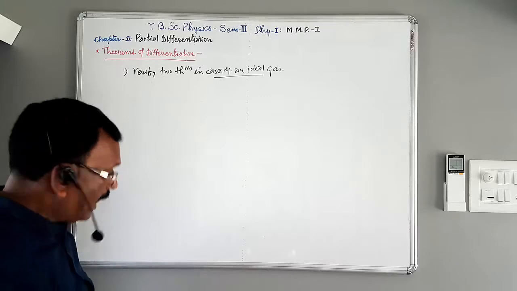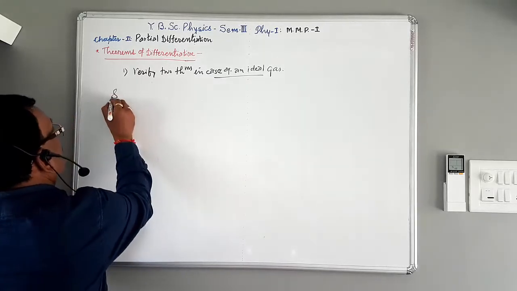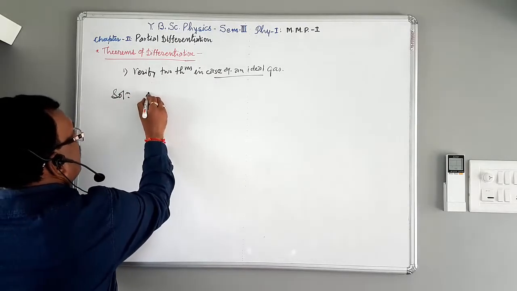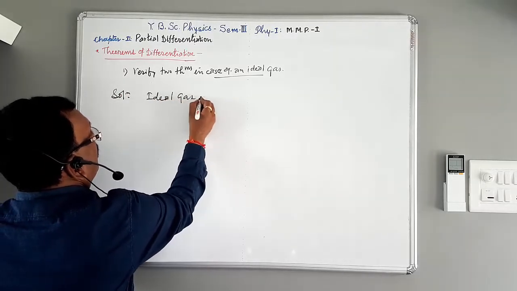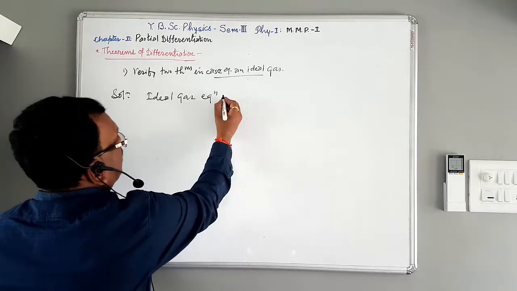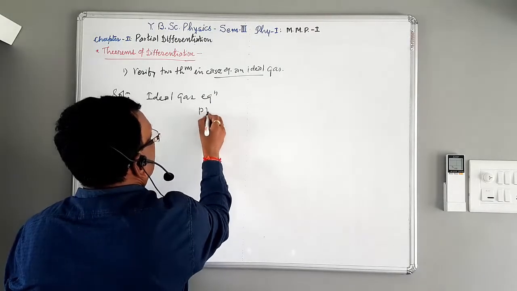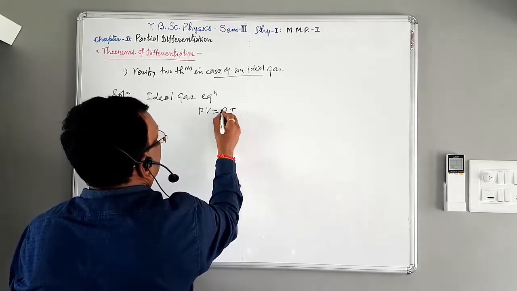We know that the ideal gas equation, also called the perfect gas equation, is PV is equal to RT.